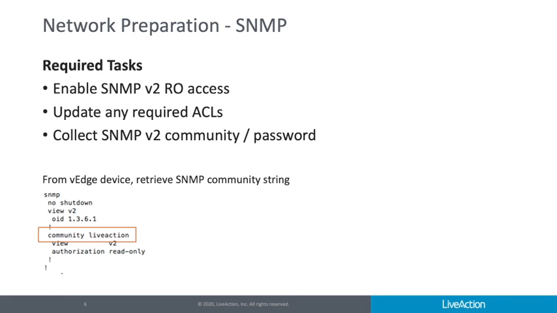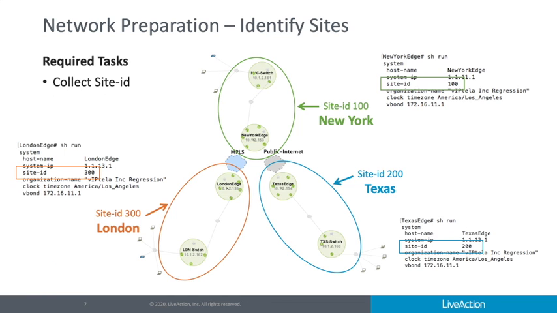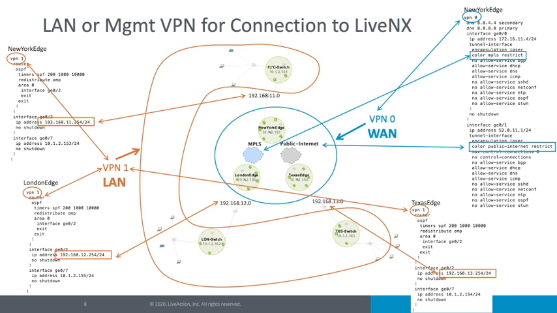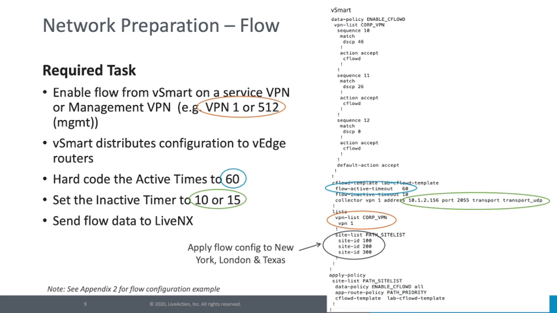So basically, before you start discovering the SD-WAN devices, we will need to collect some information like the SNMP community string from the devices. We also need the site IDs, and the LAN or management connectivity to LiveNX. And for NetFlow, we need to collect the IP address of the collector and the port.